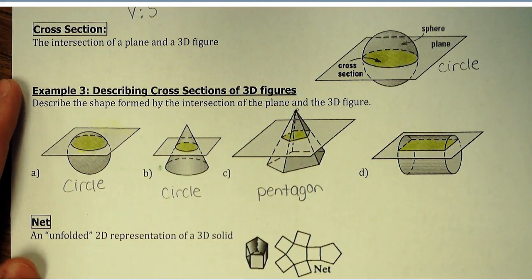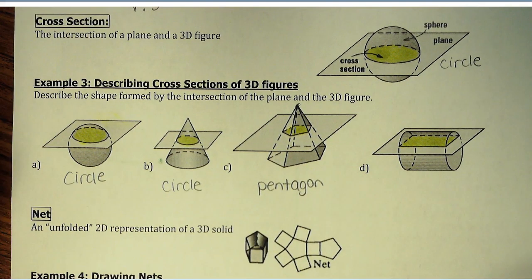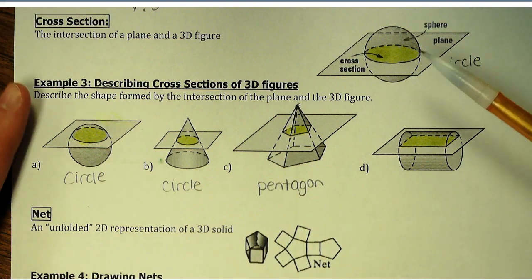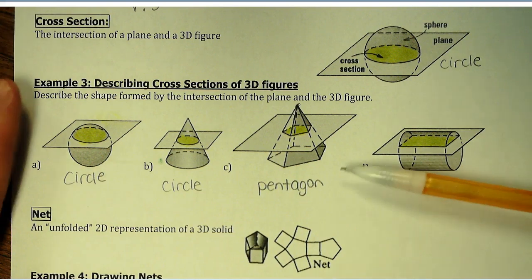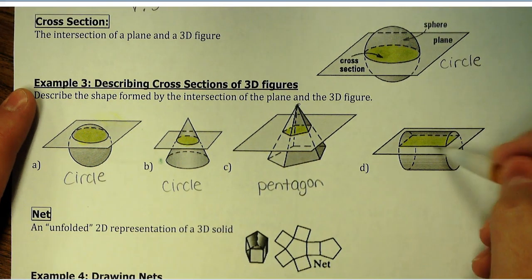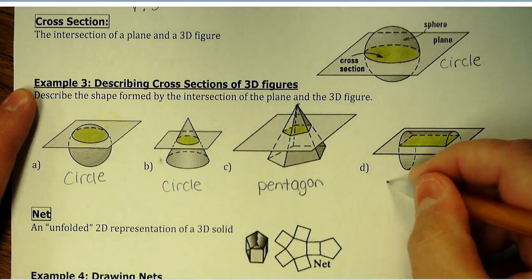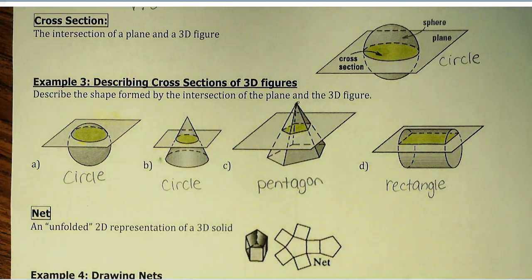And then the last one here, this is a cylinder turned on its side, like a little soup can. This one, people think about this. If you were to slide a piece of paper through there, that shape is actually a rectangle for your cross section. As you can see, it might be easier to see if you look at my highlight there.